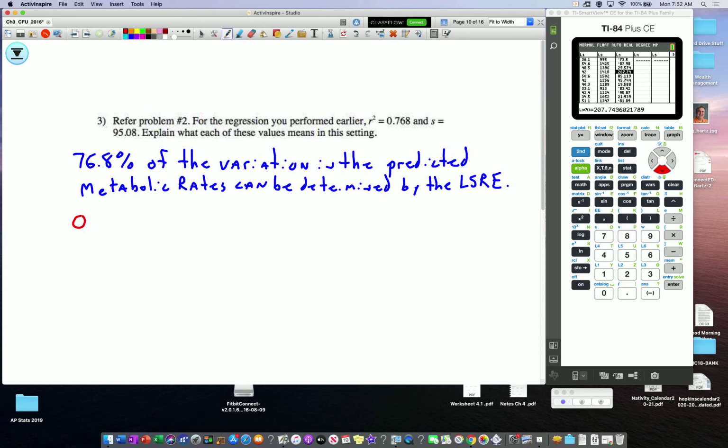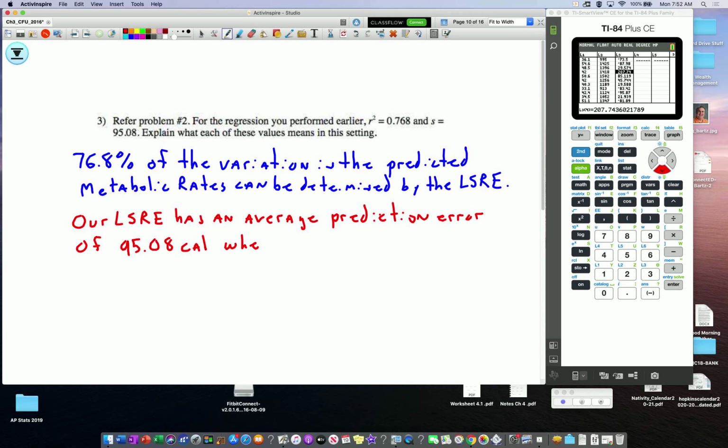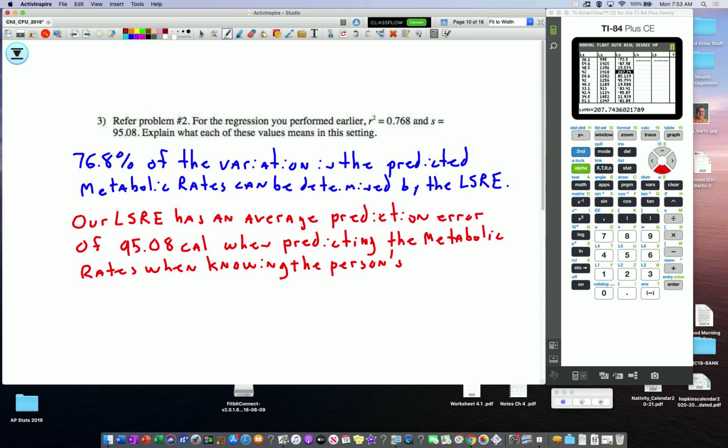So we would say our least squared regression equation has an average prediction error of 95.08, and we want to use the units calories, when predicting the metabolic rates when knowing the person's body mass.